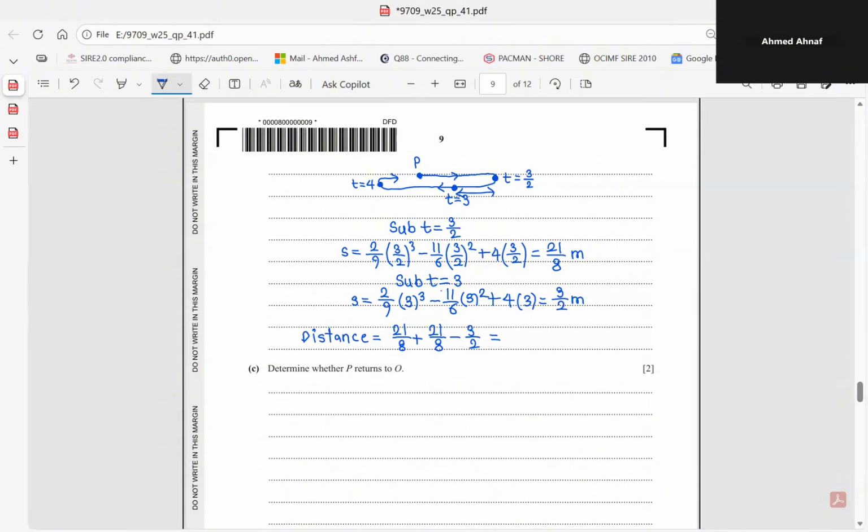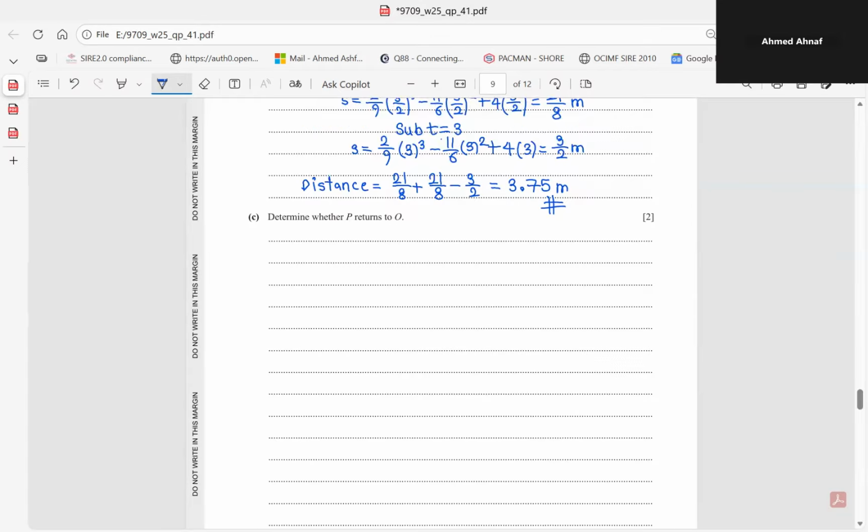So you would get 15 over 4, or 3.75 as your final answer. So this would be our final answer for this part. Let's move on to the next question.